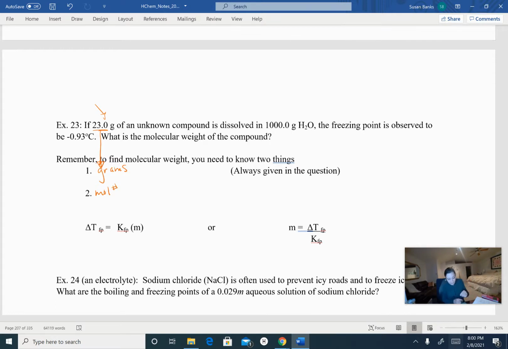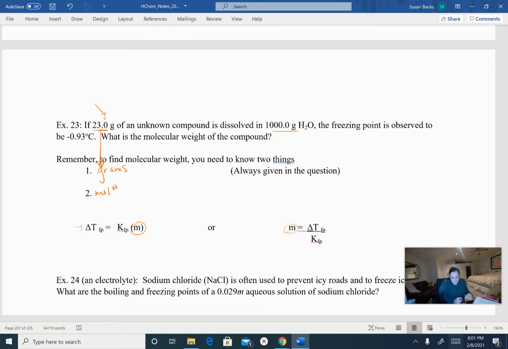I can figure out the number of moles because I need to figure out molality, and I have the amount of kilograms of solvent that was used, so I can figure out moles. So here we go. We are going to isolate our molality here. So notice I've taken this formula and I've solved for molality.